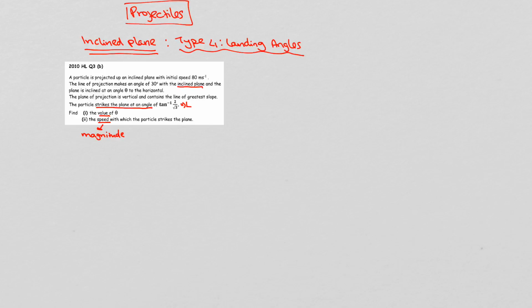So let's draw a diagram to represent what's happening here. And we have theta, we have our initial velocity, and this time it's 80 meters per second. We're given the angle of projection with respect to the inclined plane is 30 degrees.